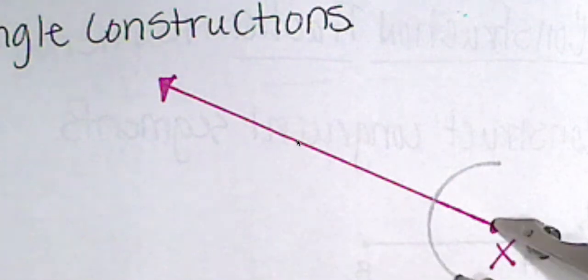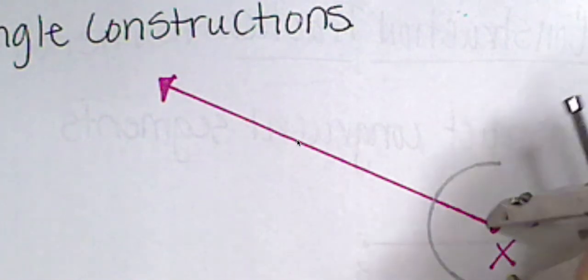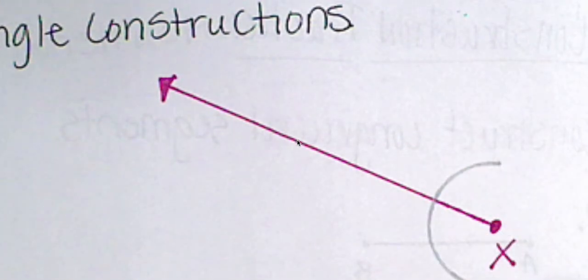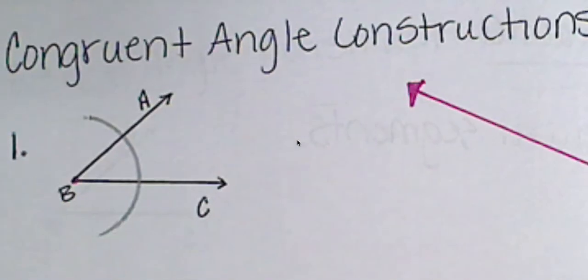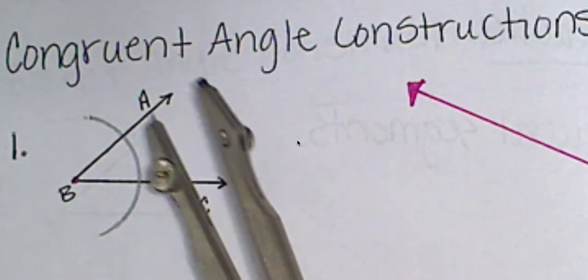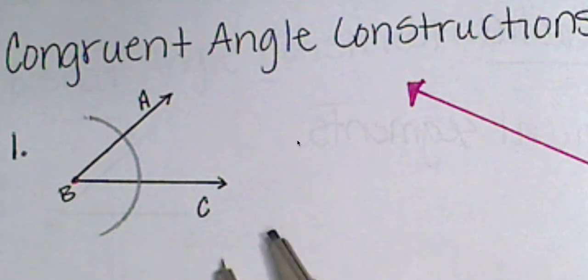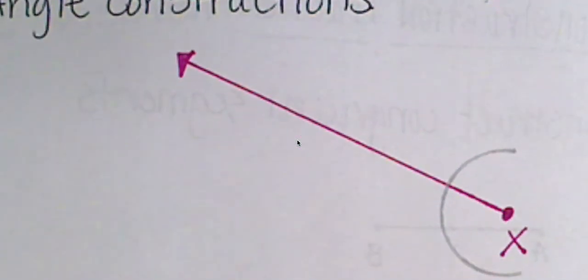A semicircle usually works well. Here it is. We see that our first angle, ABC, appears to be acute, so I don't have to worry about making too large of an arc here.